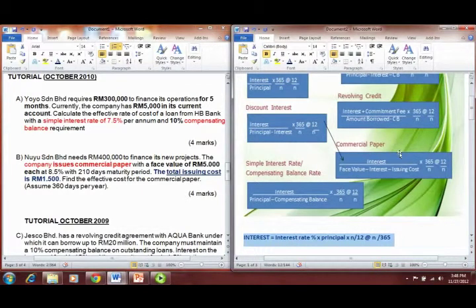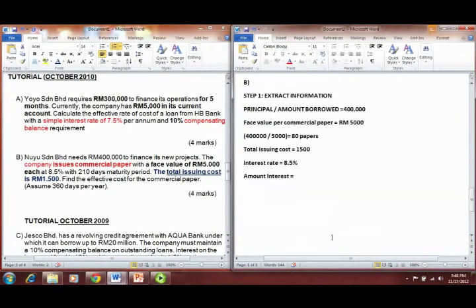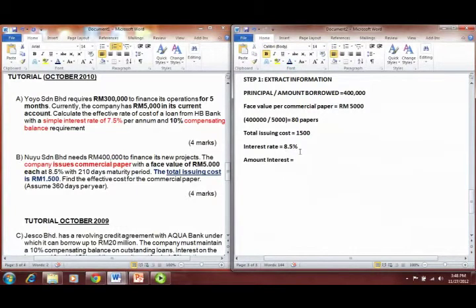Same goes for question B. As you can see in the commercial paper formula, there is interest, so we use the same formula. Now we calculate the amount of interest. The interest rate is 8.5%, which is 0.085, times your amount borrowed of 400,000, times, now you need to know whether it is days or months.